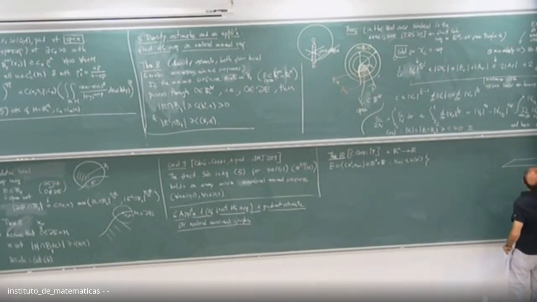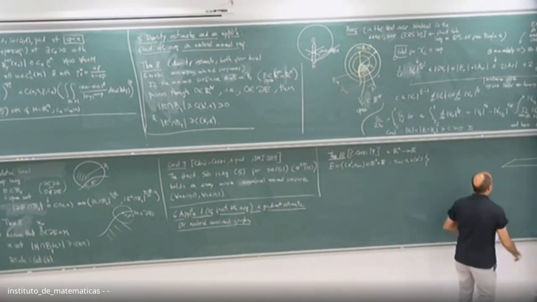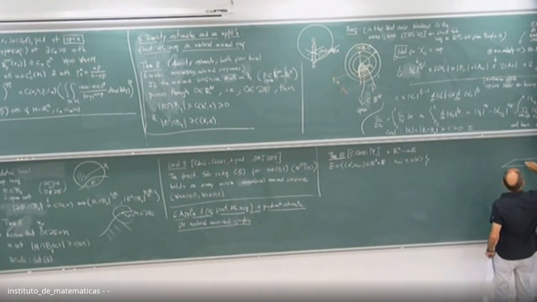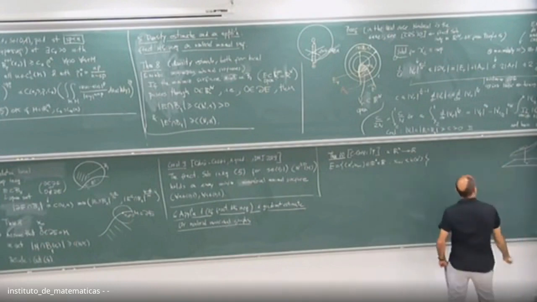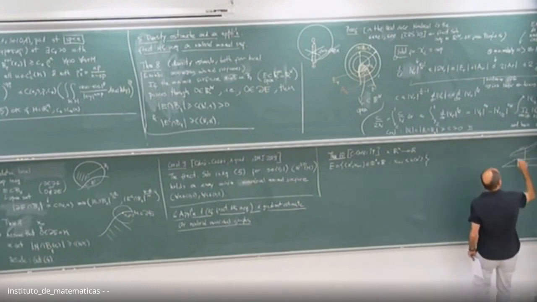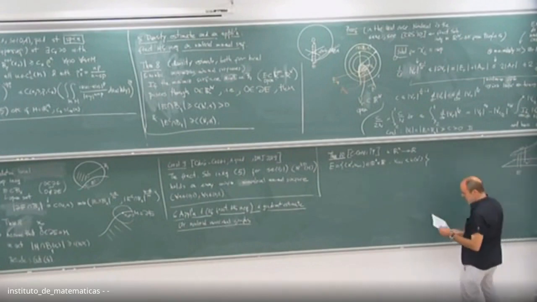We are working in R^(n+1), which you should think of like R^N. Here we have the point x', the function u of x', and this is the surface, and this set E is below the surface.